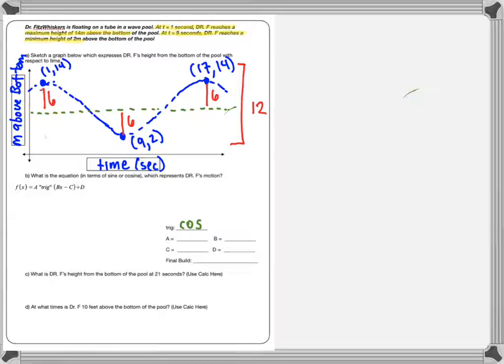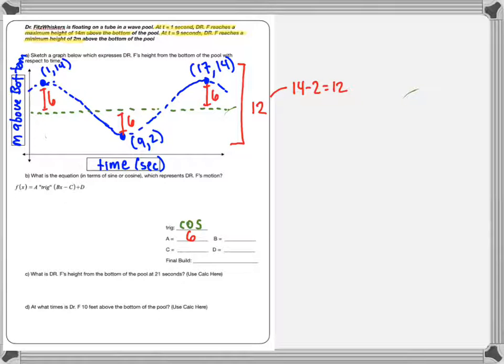Those are not 16s, those are the distances. And again, the way that I got that 12, in case you didn't see it, is just 14 minus 2 is 12. I accidentally added them earlier. And so the amplitude is going to be 6.